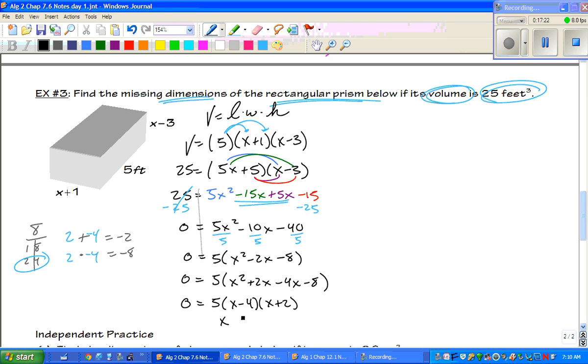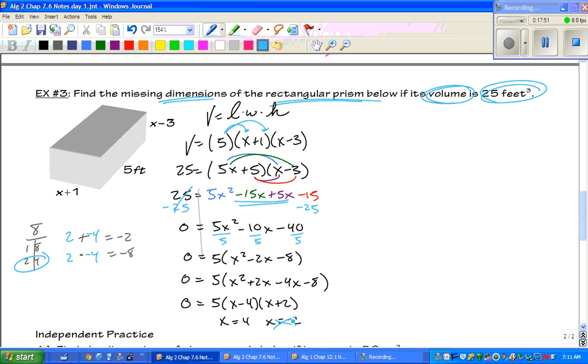And when you set, remember, the only thing that you set equal to 0 are things that have x's in them. How many x's do we have? Well, we've only got those 2. So those are the only things you need to worry about. You don't need to worry about the 5 right there because it's just 5, okay? So we get x equals 4 and x equals negative 2.